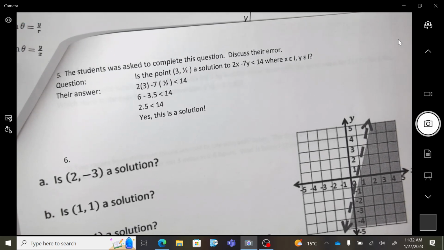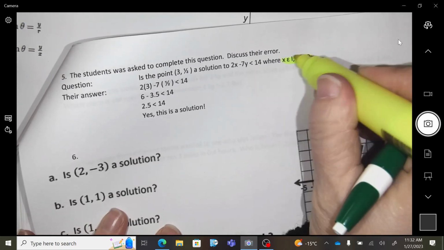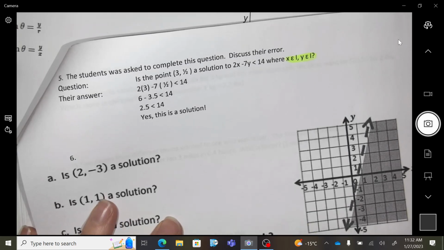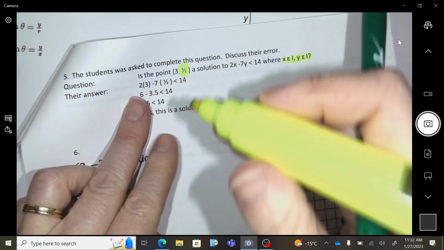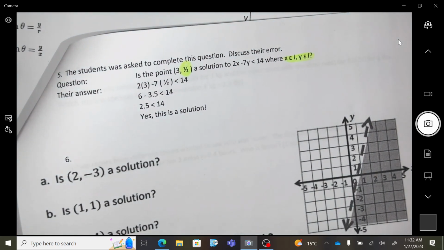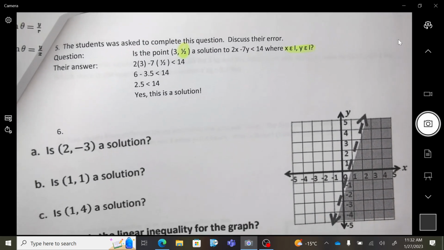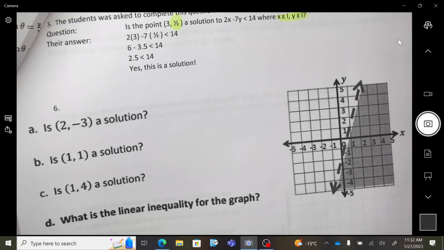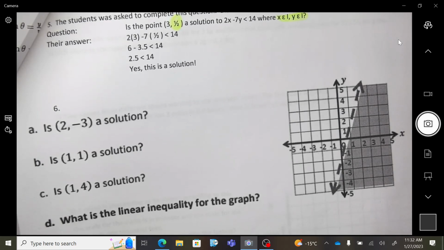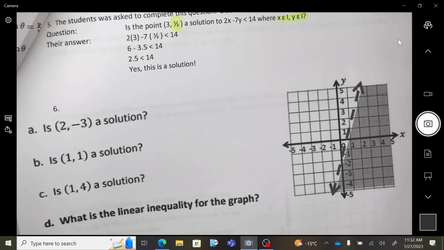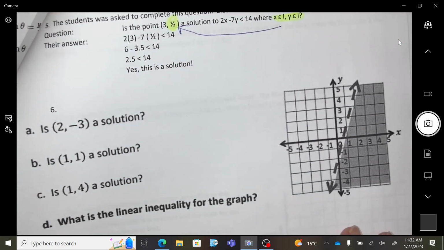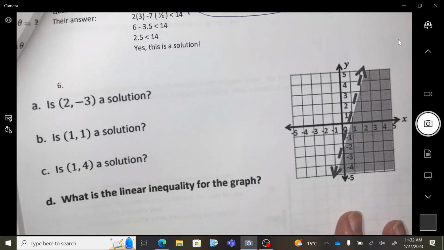Why? Because it says that your variables have to be integers, and it's not. Okay, not an integer. What do you think?